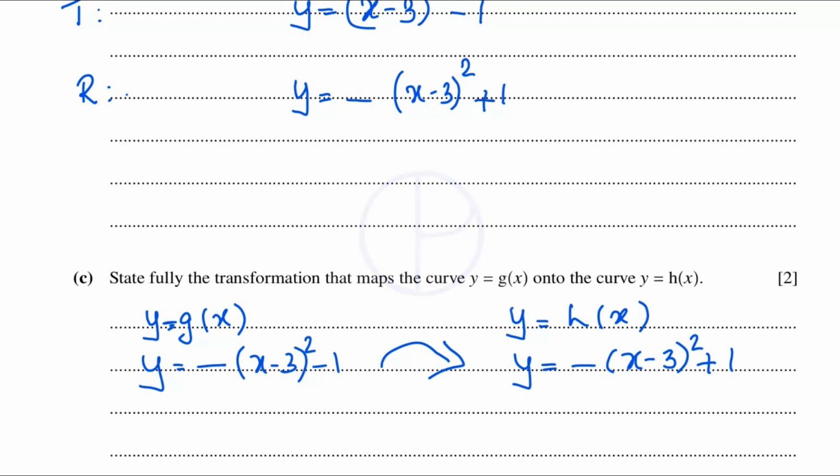So what is the transformation we are going to apply here to get this? Here this term is the same, and here it is -1, but here it is +1. If you add 2 to this -1, you will get +1. So that is nothing but the translation along the y-axis by the factor 2.